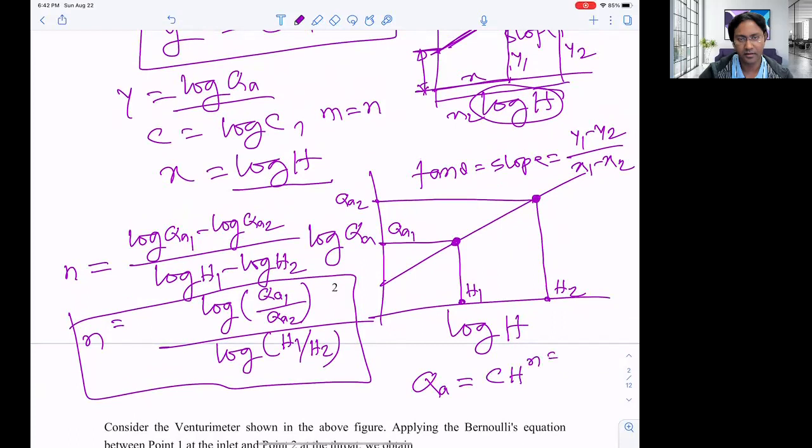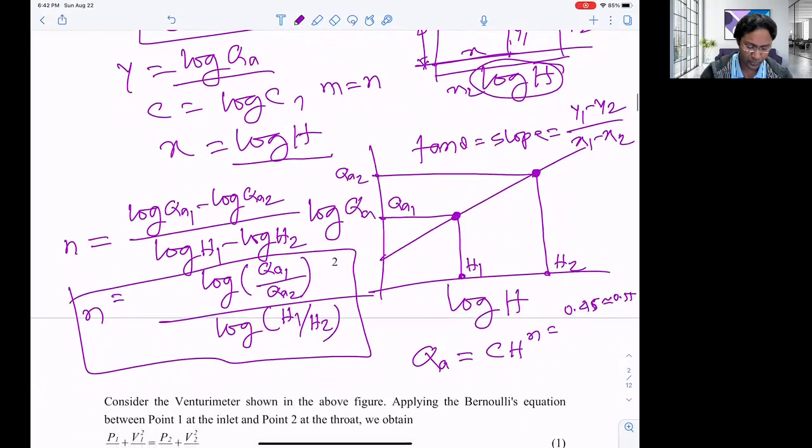If you know n, it will be something like 0.5, but 0.5 is the theoretical value. From the experiment, it could be 0.46. It is acceptable from 0.45 to 0.55. If it is within this range, that means your experiment is okay.